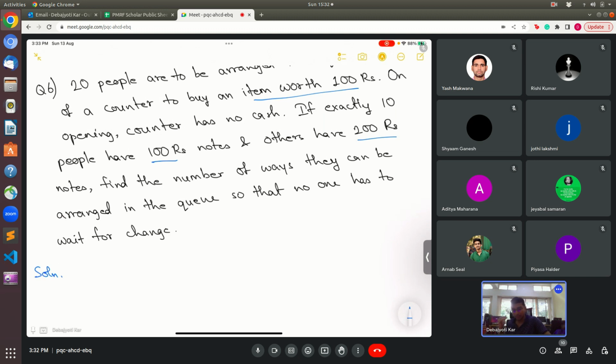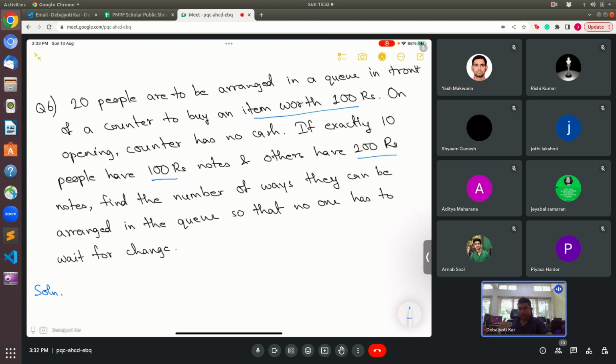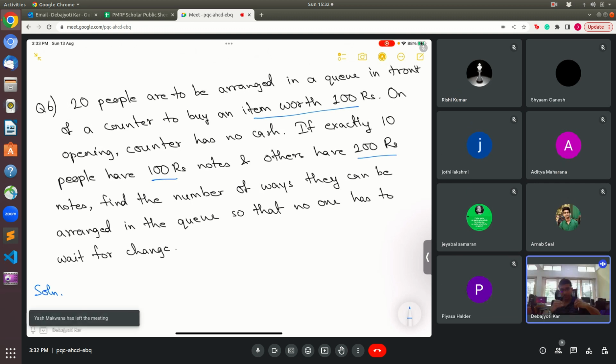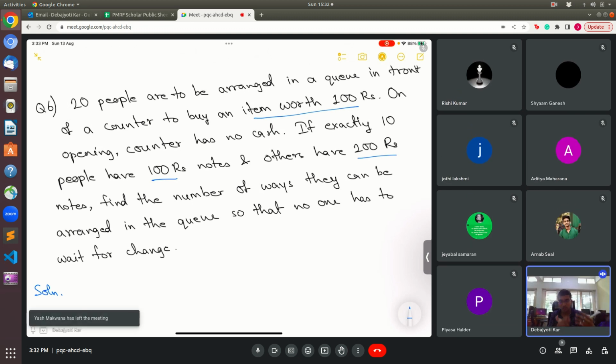Because he is giving 200 rupees, he has to receive 100 rupees. So he has to wait for someone with a 100 rupee note, who will give it to the counter and the counter will return it to him. That is not what we want. We want that each of these persons who have 200 rupee notes should not have to wait for change. So subject to this constraint, in how many ways can these 20 people be arranged in the queue? That is the question.